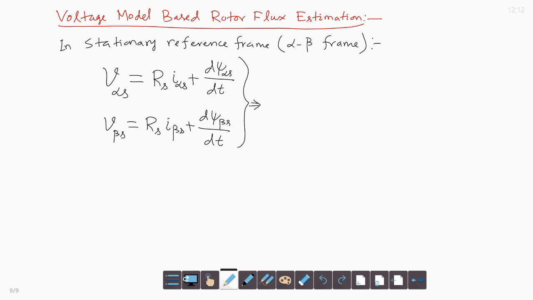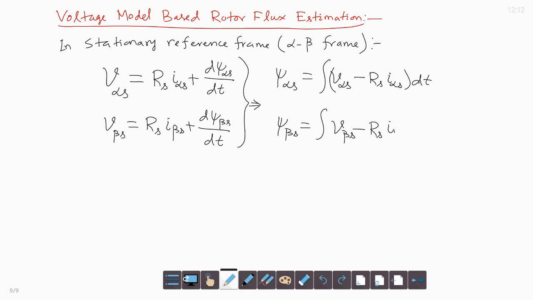we get the flux psi alpha S, which is the integral of V alpha S minus R S I alpha S dt, and psi beta S is the integral of V beta S minus R S I beta S dt.